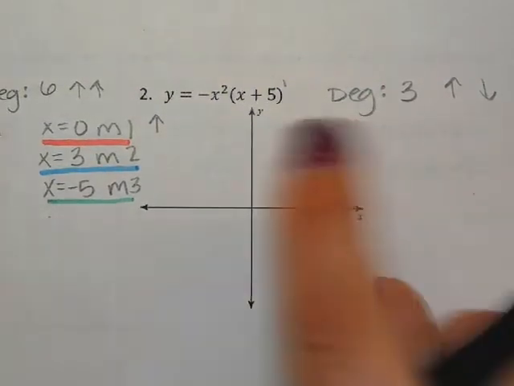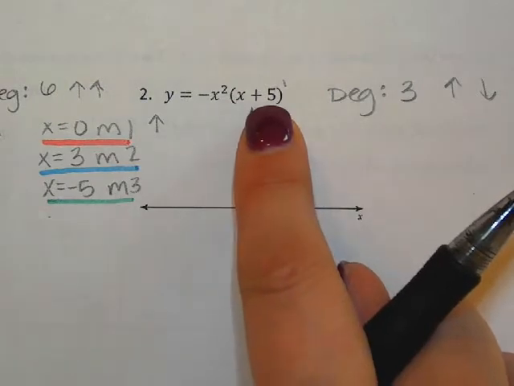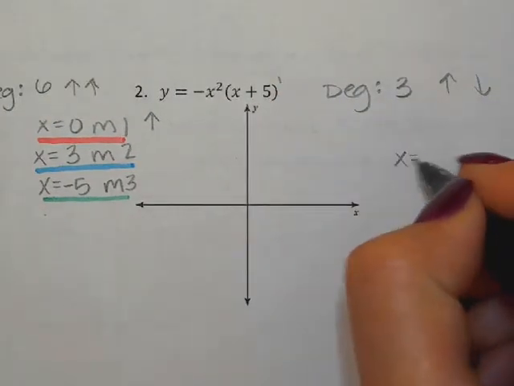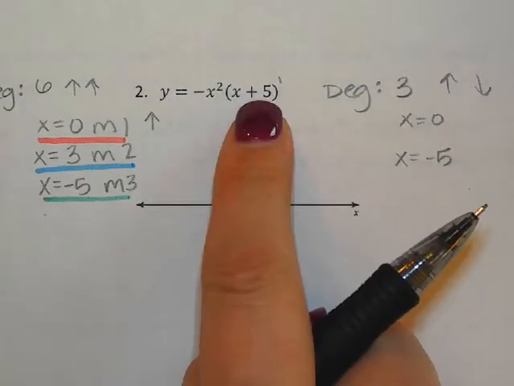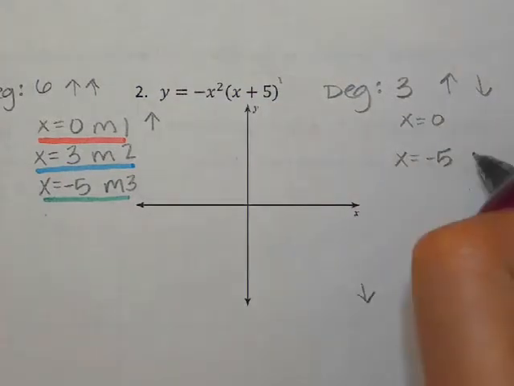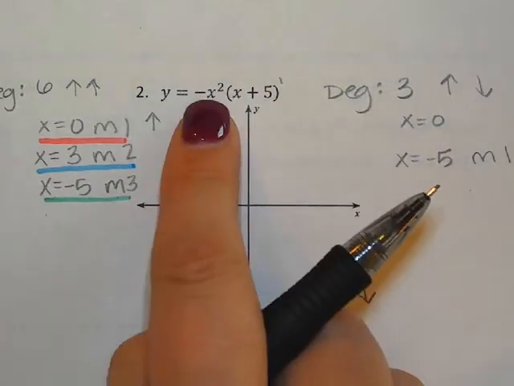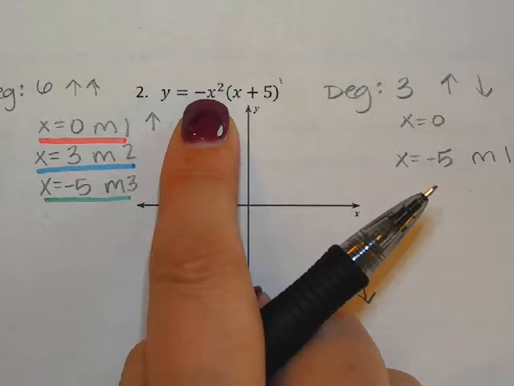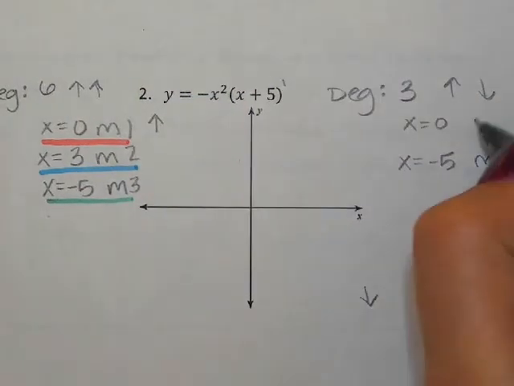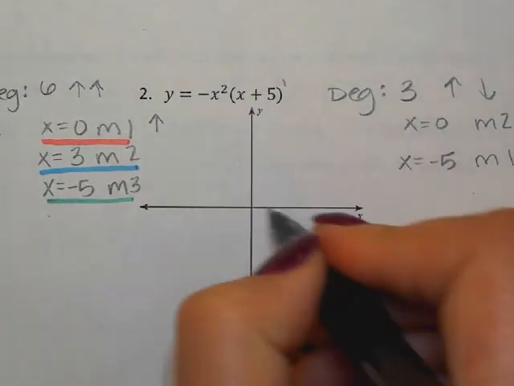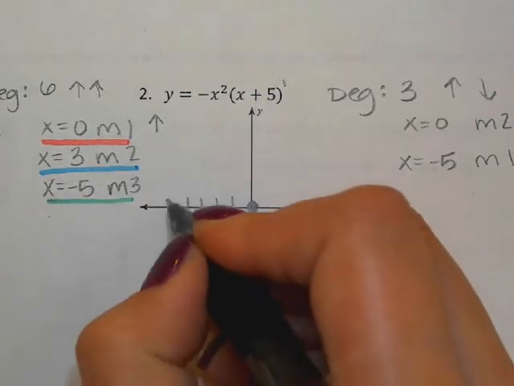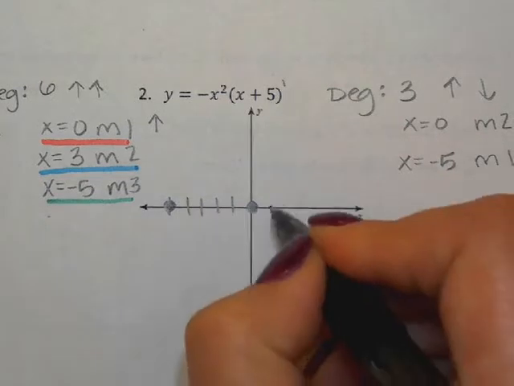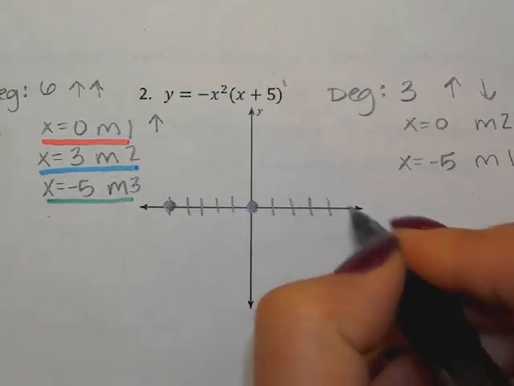What x-intercepts do I have? Negative 5. X equals negative 5, x equals 0. The negative 5 has a multiplicity of 1. The 0 has a multiplicity of 2. Okay, so I've got 0, 1, 2, 3, 4, 5. 1, 2, 3, 4, 5.